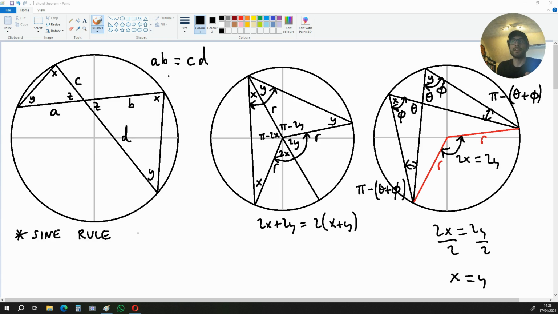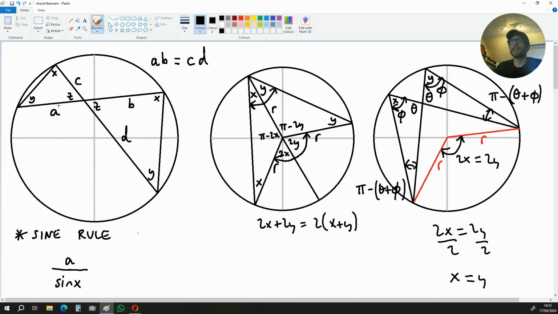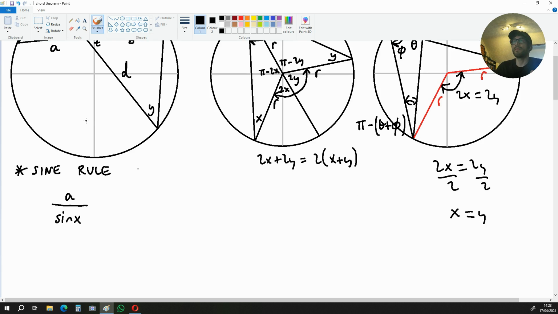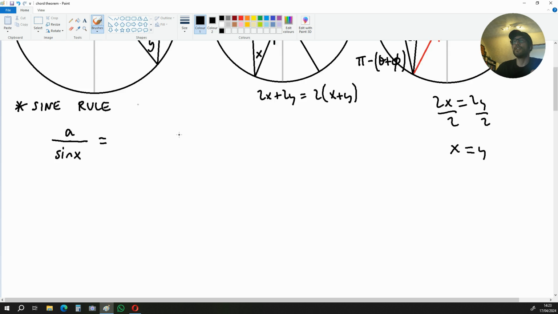Now all we have to do to prove that A times B is C times D is use the sine rule. So what we're going to say is that A over sine x, because x is the angle opposite to A, is equal to, let's see, that is C over sine y. So that's C over sine y.